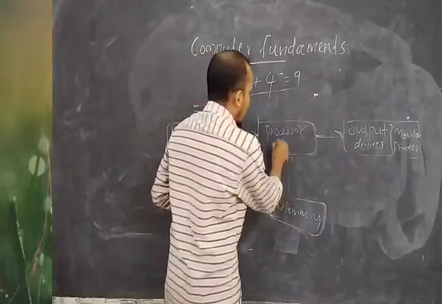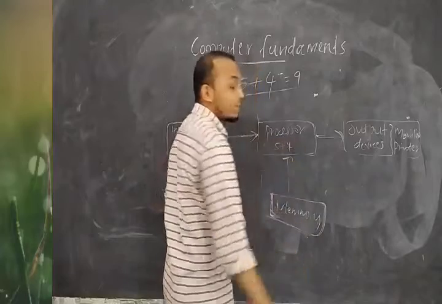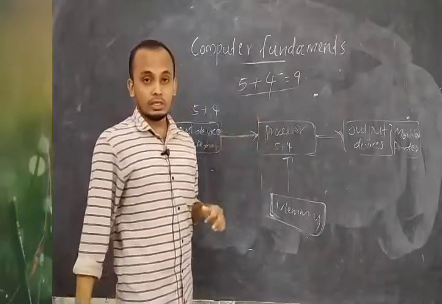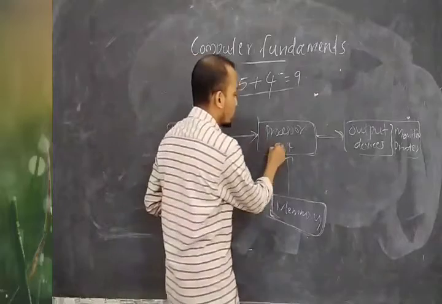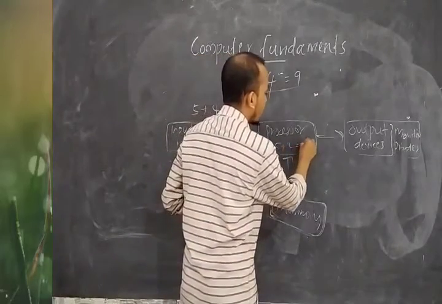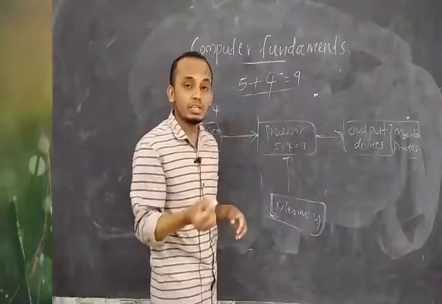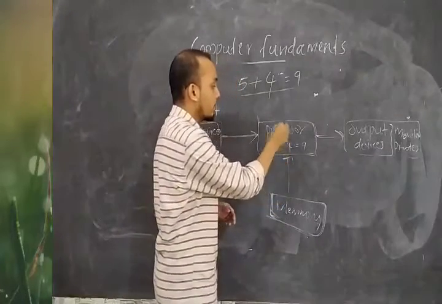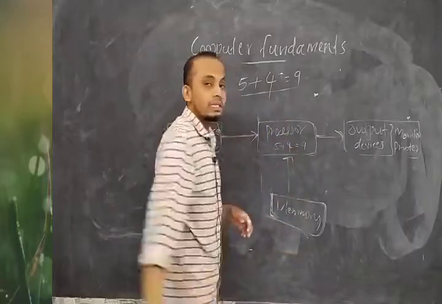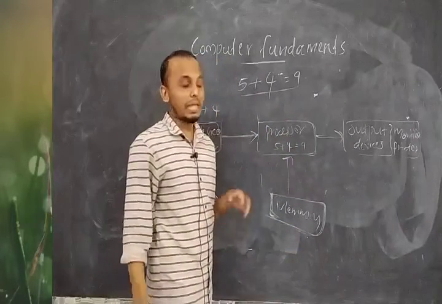Then what is the duty of processor? Processor will add these two numbers, 5 plus 4, 9. Okay, instruction will send. What is that instruction? First number should add with the second number. Okay, that is the instruction.